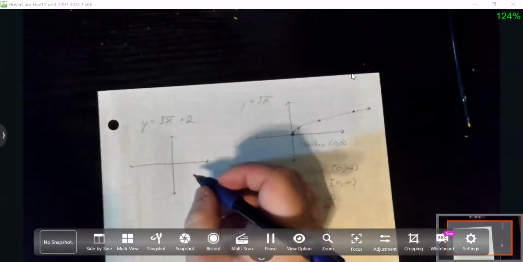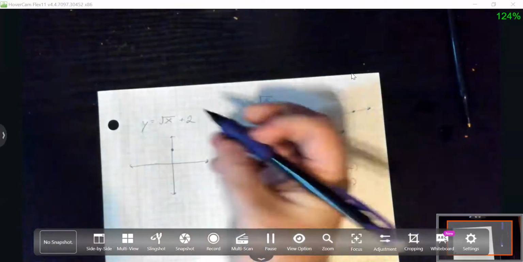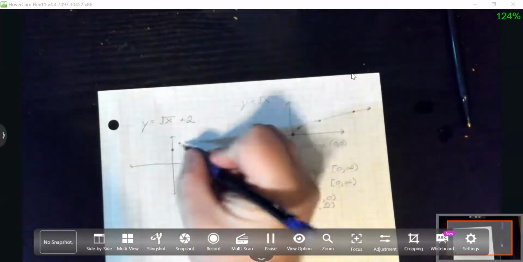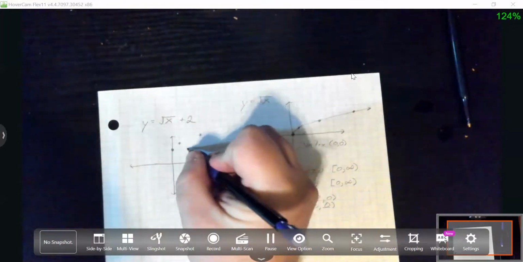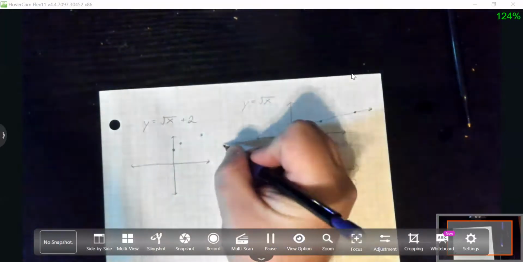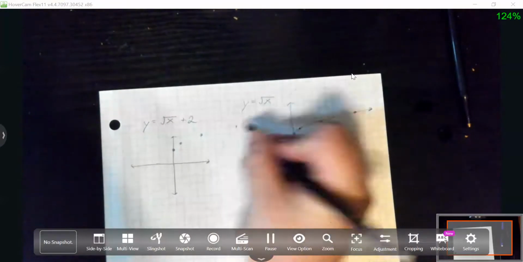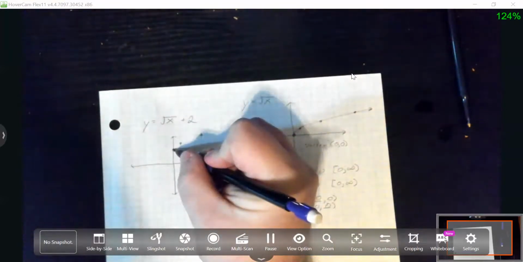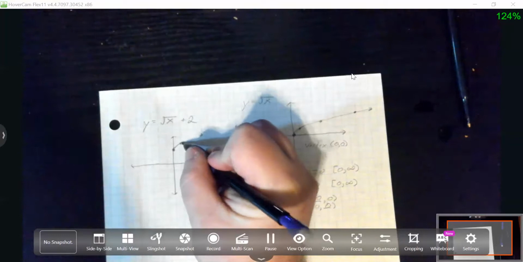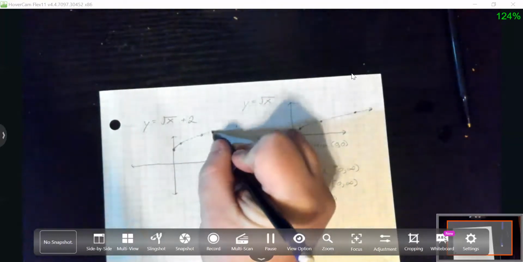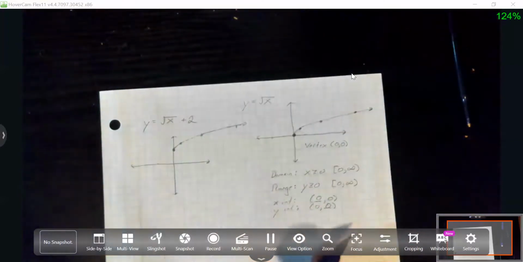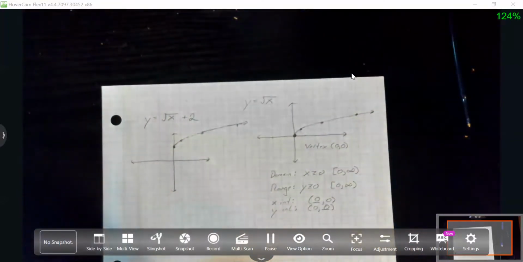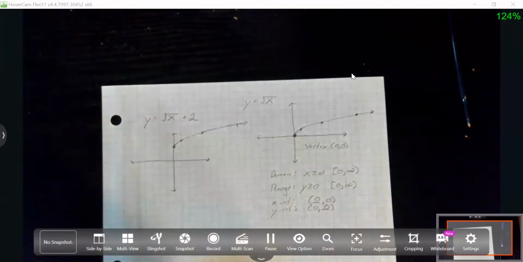So if I had the graph y equals square root of x plus 2, I'd have a vertex starting right here at (0, 2). We'd go over 1 and up 1, over 4 and up 2, over 9 and up 3. Again, when I plot it, I start by coming straight up and then curving over. And I have my graph. So there's my graph of y equals square root of x plus 2.